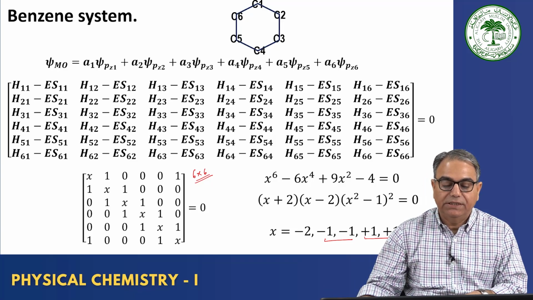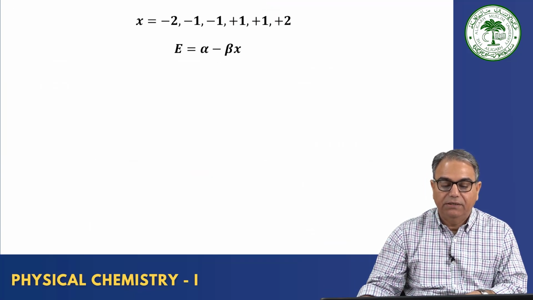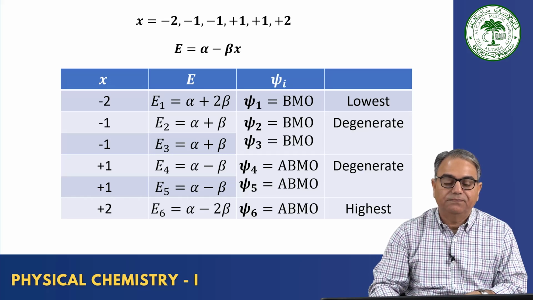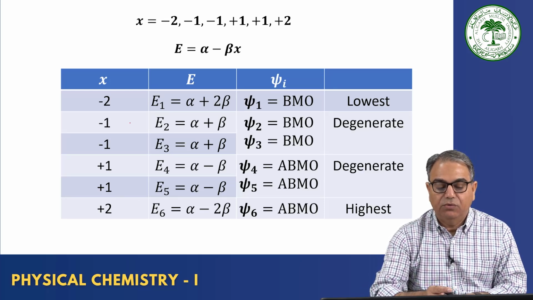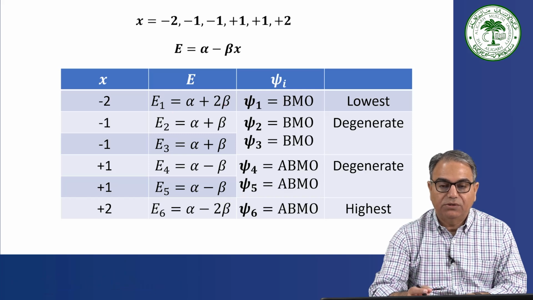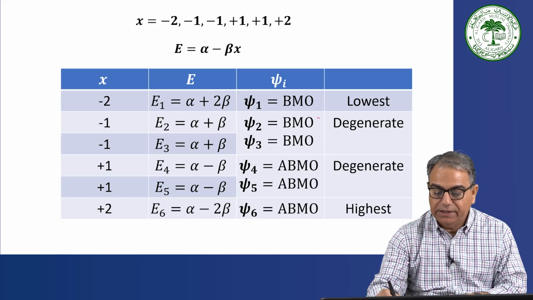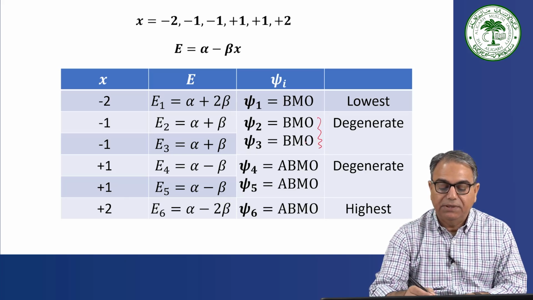So what will be the energetics here? If x is equal to -2, the energy is alpha plus 2 beta. If -1, then alpha plus beta and alpha plus beta; these two are a degenerate set of orbitals with the same energy.